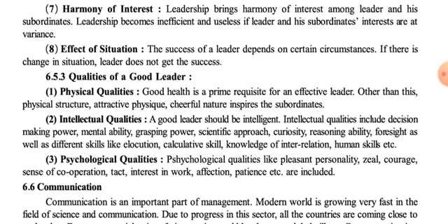Harmony of interest means the leader and the members have the same interest. While working in a group, prominence should be given to the general interest and not to personal interest. Your objective or interest will match the leader's interest, and that's why there should be harmony of interest among leaders and followers.